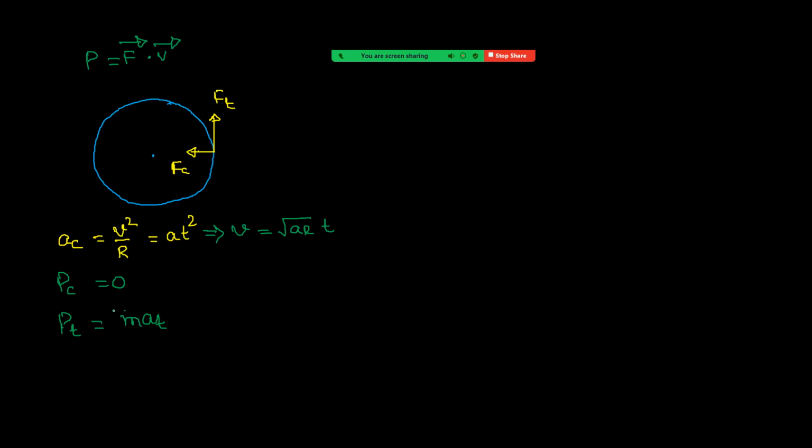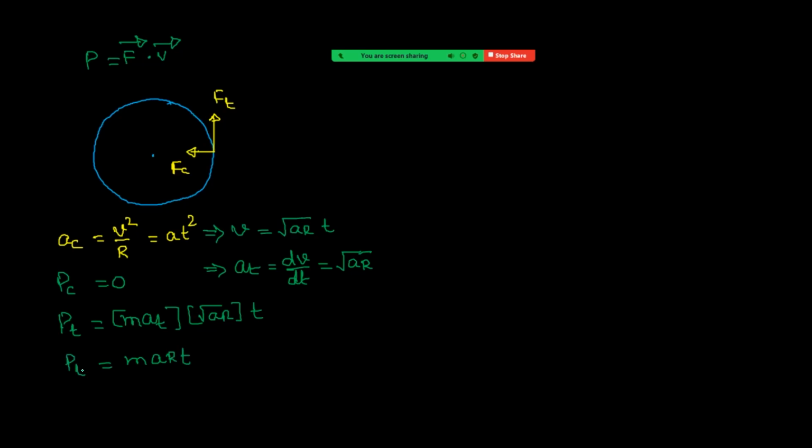So m into the velocity, root a r into t. And what is a tangential? It is the rate of change of speed with respect to time, and that is how much? Root a r. Okay. Substitute values here: m root a r into root a r into t.